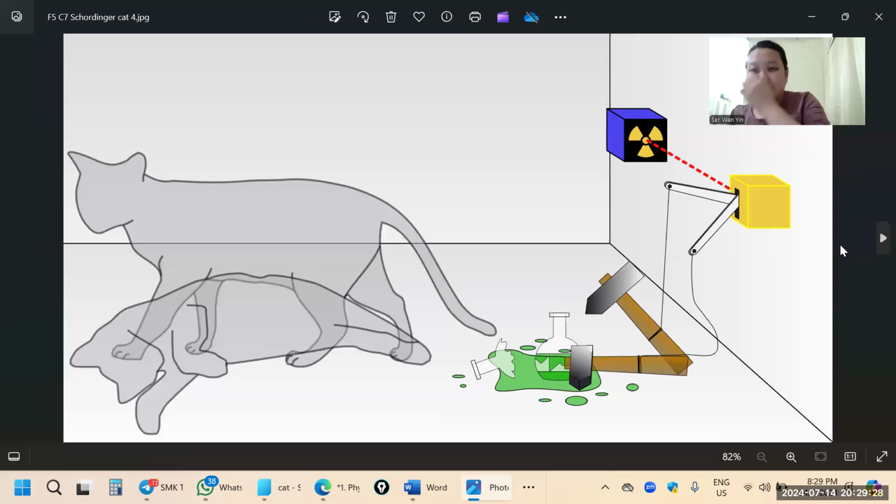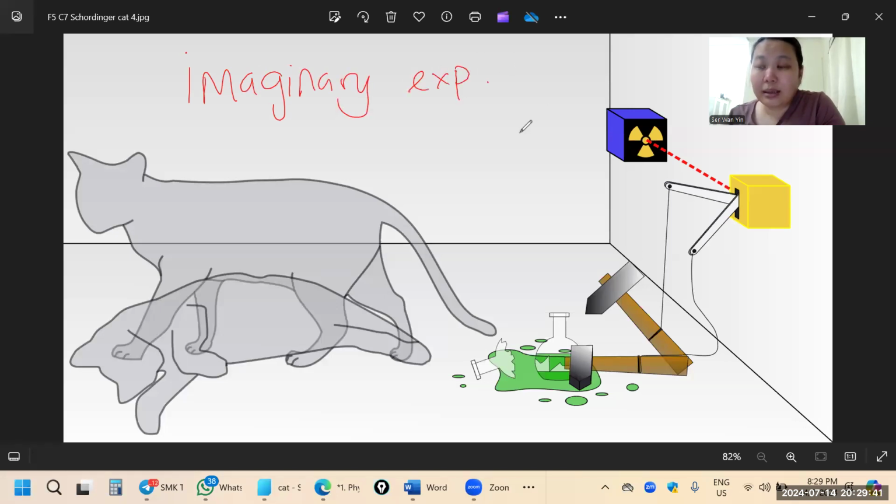Okay, so Schrodinger explained this imaginary experiment, meaning no cat is hurt or killed in this experiment. He said keep the cat inside a box.